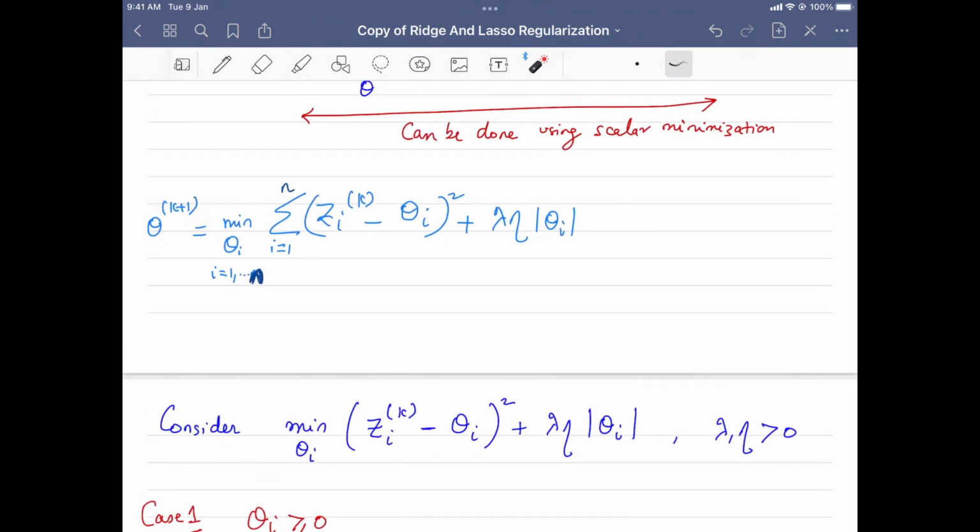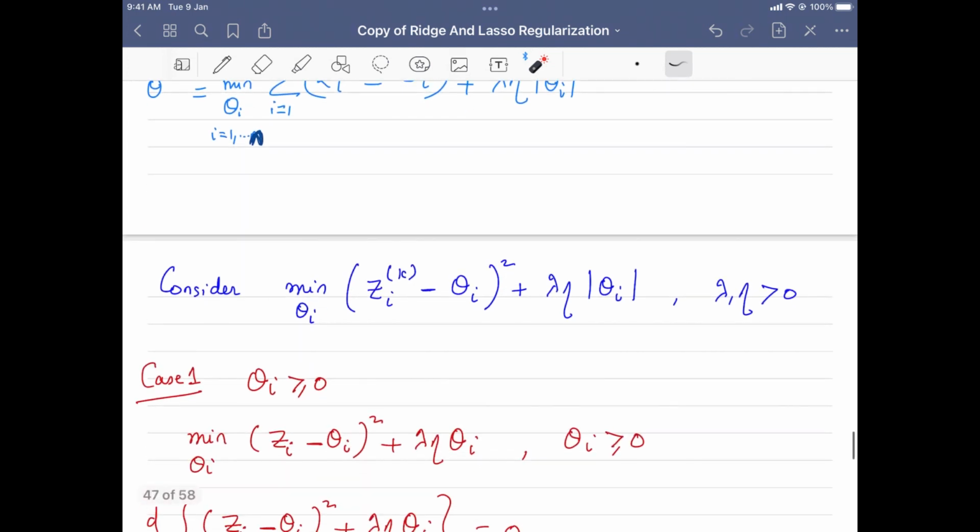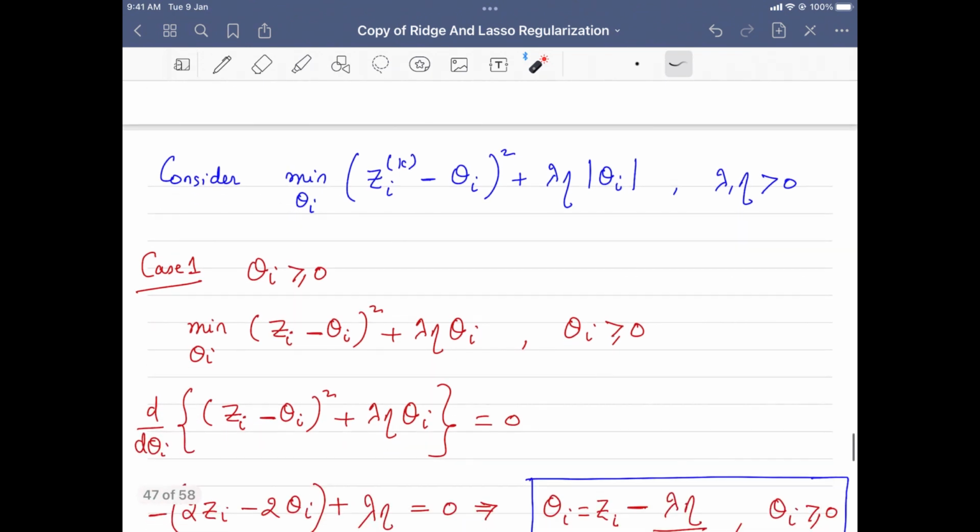I am currently looking at how this theta i, a specific component of theta, will change with this zi. This is the absolute value of theta i. So we will consider two different cases. First case is when theta i is greater than 0, and the second case is when theta i is less than 0. In both cases we will see how this expression changes.